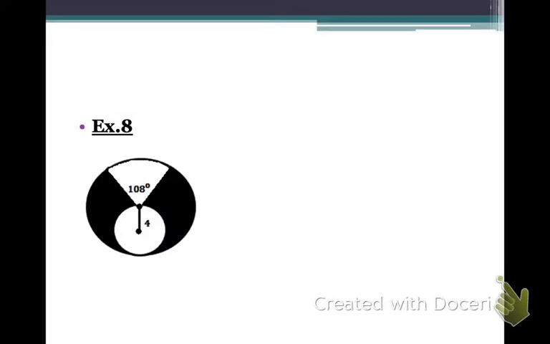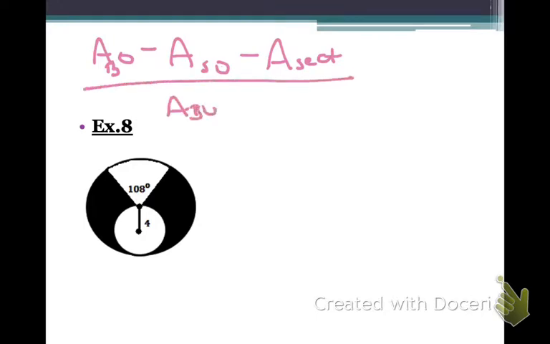All right. Last one. This is probably going to be our most difficult problem here, because in order to find the area of the shaded region, which is where I need to be, I need to do the area of the whole circle, subtract off the area of the small circle, and then subtract off, remember that was called a sector, all over the area of the big circle.